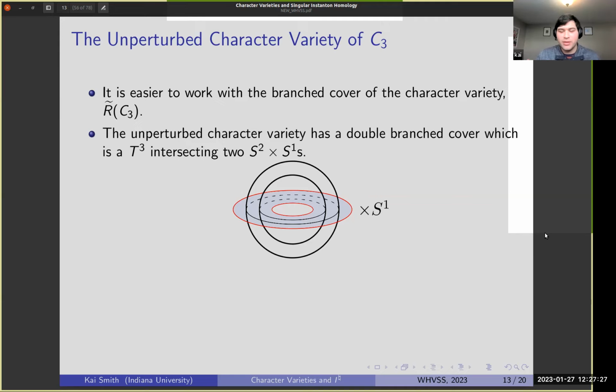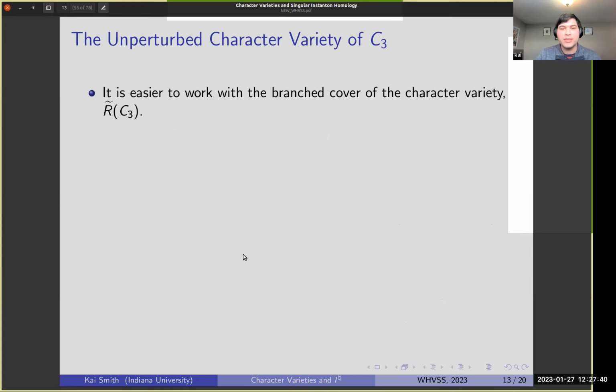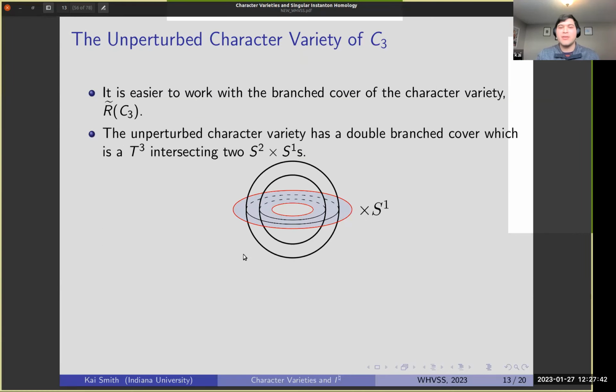First of all, one thing to notice is that the boundary of C3 was four punctured spheres. And so the character variety of the boundary is the product of three pillowcases. So we expect something roughly half-dimensional. And so we do get a three-dimensional character variety.